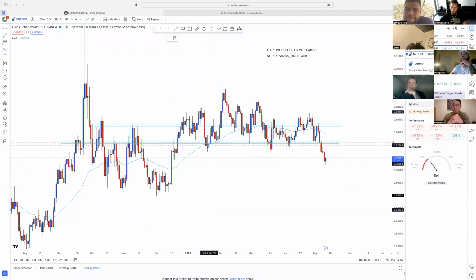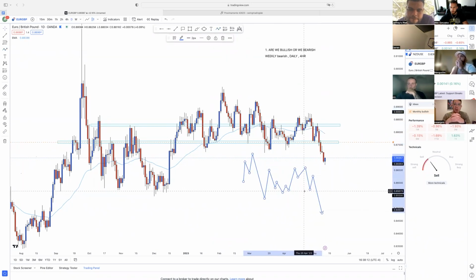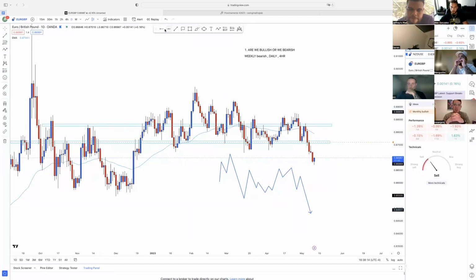So if you notice, we could just start from this point right here, just to make it a lot easier. Obviously, we are bearish. You can tell this right here is the lower low. And then this point right here is the lower high. If you guys agree, type 1.